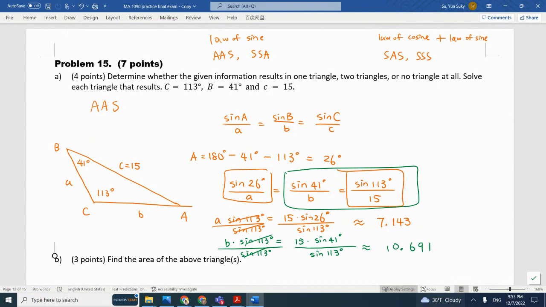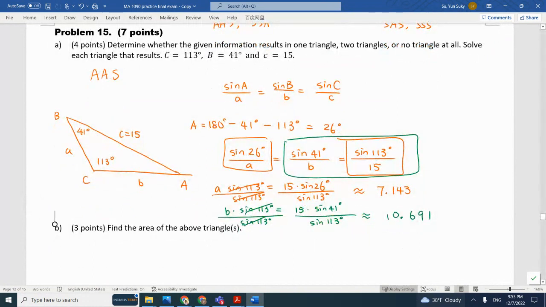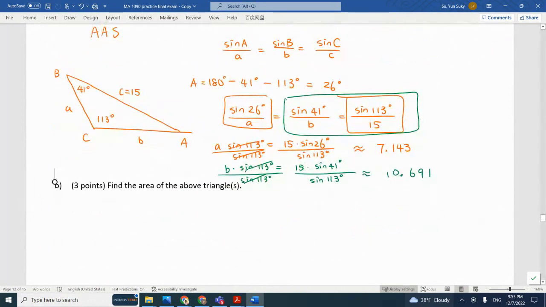Okay, so this is part A. Part B, find the area of the above triangle. Because we already know all the sides and all the angles, we can use the formula.